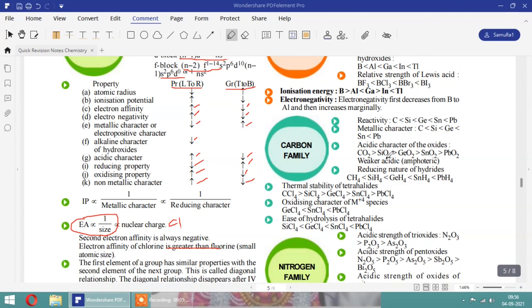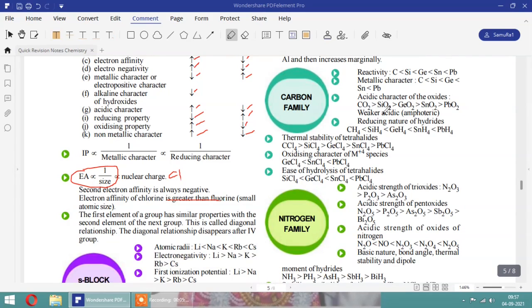Then carbon family, reactivity: carbon less than silicon less than germanium less than tin and lead. Metallic character also increases in a similar manner. Reactivity and metallic character are similar, whereas acidic character of the oxides, carbon dioxide, that is carbon greater than silicon, greater than germanium, tin and lead, is in decreasing order.